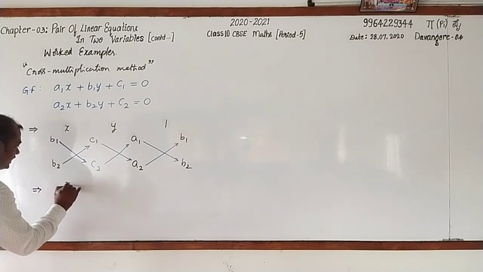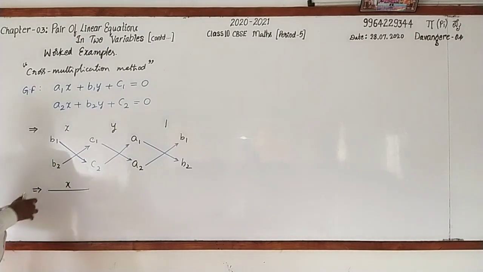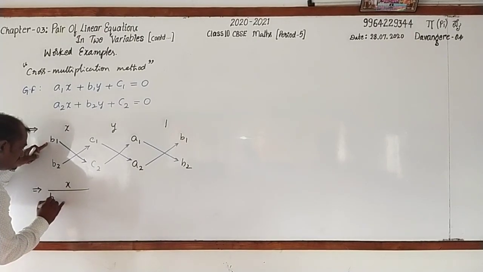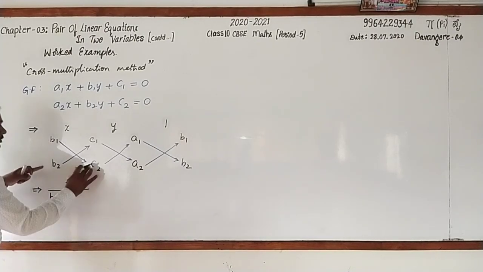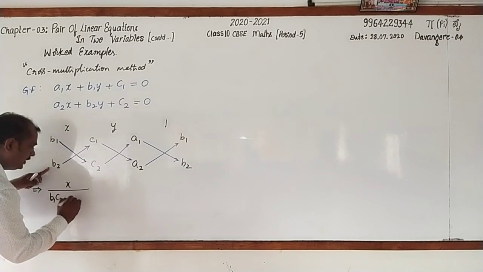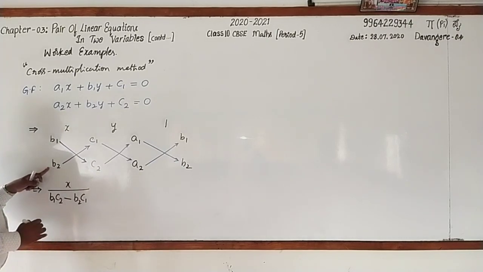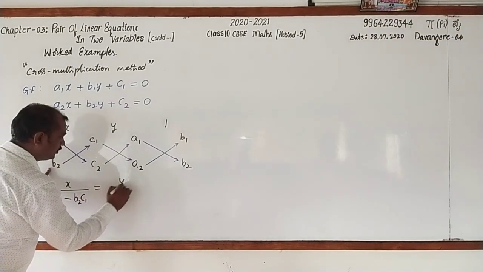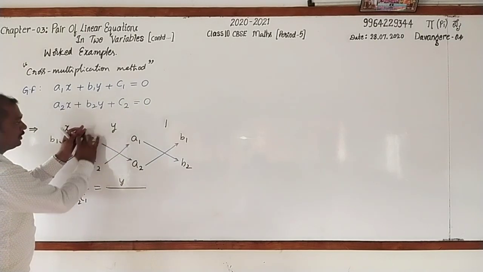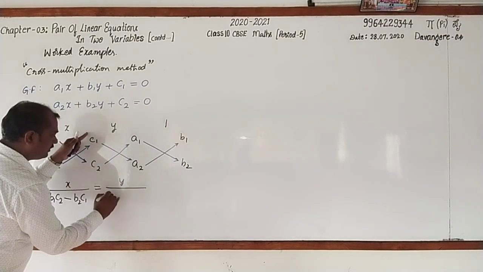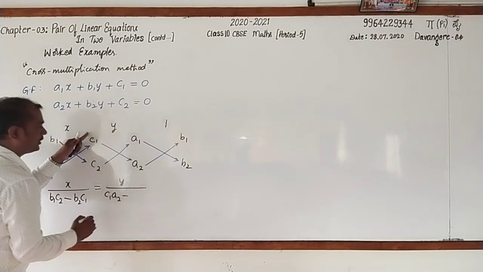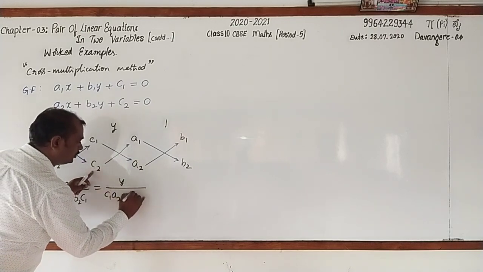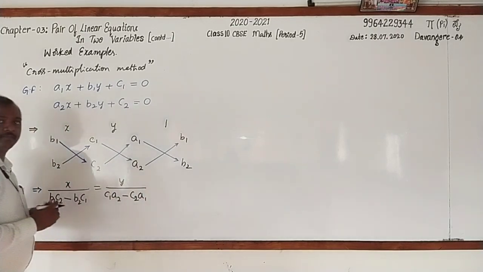It is x by, we will go for cross multiplying, b1 c2 minus b2 c1 equal to y by, we will go for taking these, c1 a2 minus c2 a1.